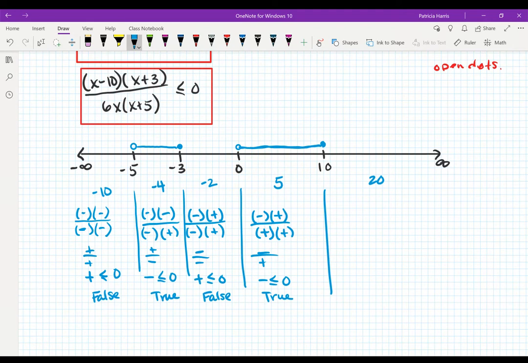Okay, let's plug in that 20. Okay, so according to my graph, I have answers.